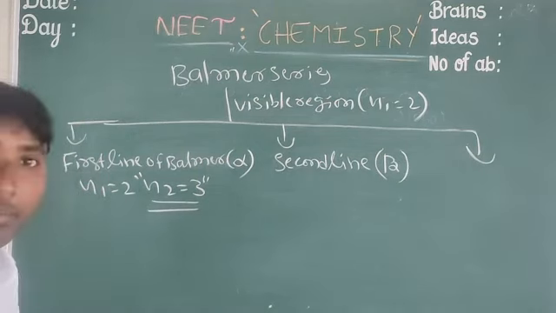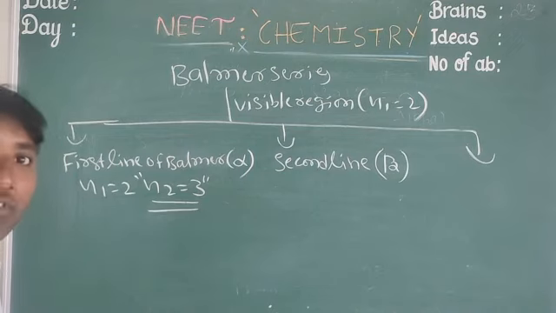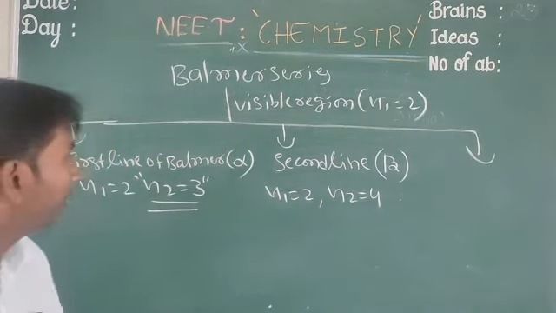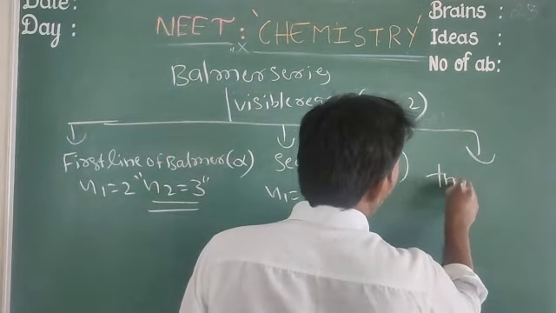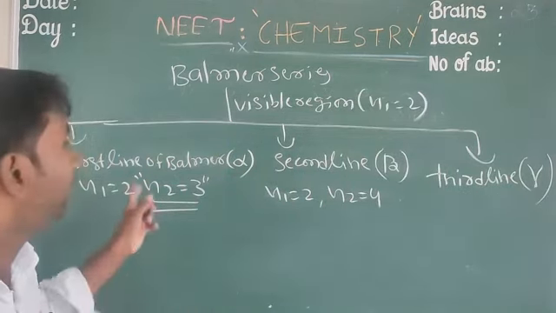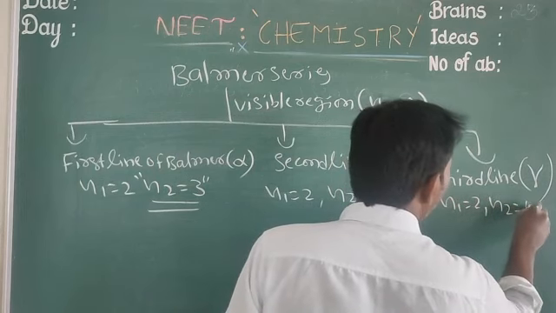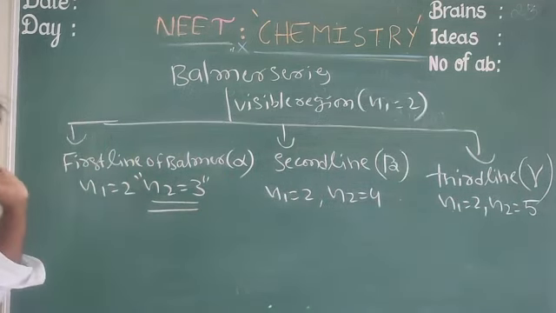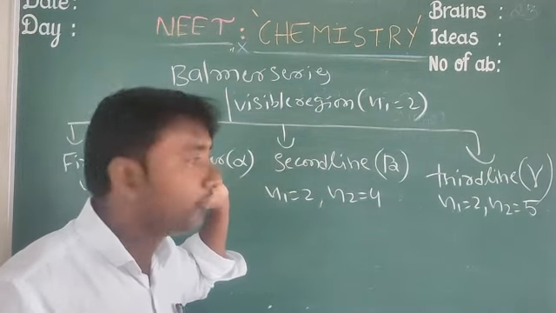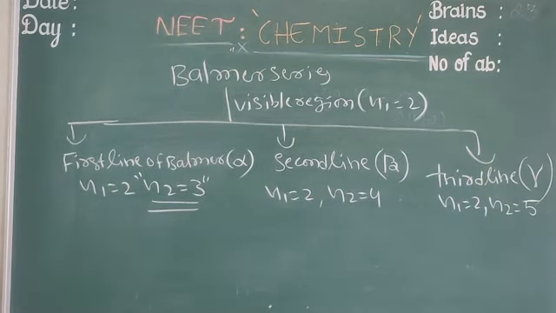The N1 value is fixed: for any line of the Balmer series, the N1 value is constant. So N1 equals 2, N2 equals 4. Next, the third line of the Balmer series: N1 is the fixed value, N2 equals 5. So the first line of Balmer means N2 equals 3, the second line means N2 equals 4, the third line means N2 equals 5.